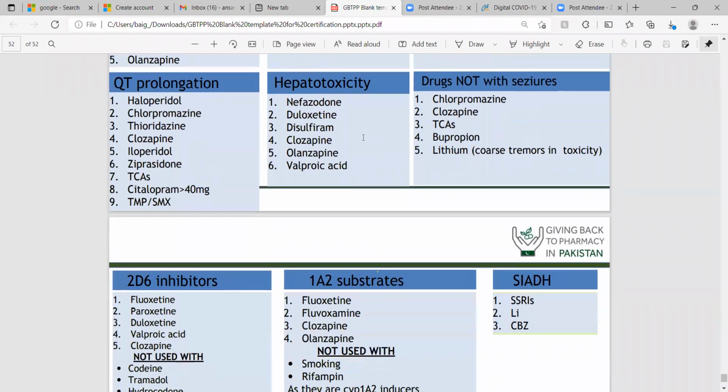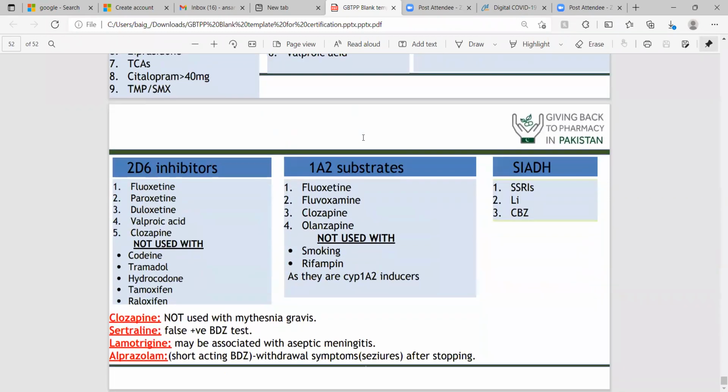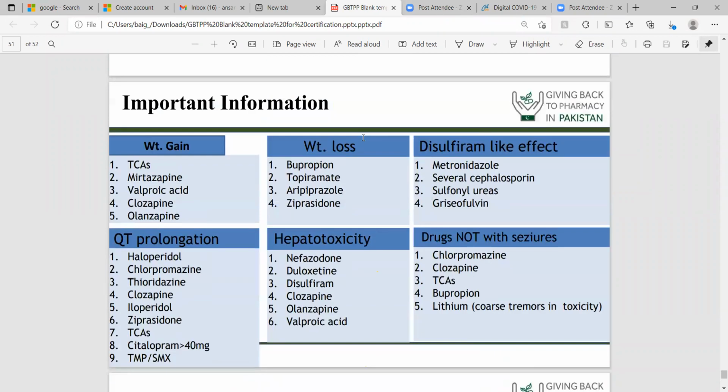And always keep in mind all these agents: which one is a CYP inhibitor, which one is a CYP substrate, which one is an inducer, and which one you cannot use if the patient is a smoker or is taking any anti-TB medication like rifampin. So these are just the summary points you have to keep in mind.